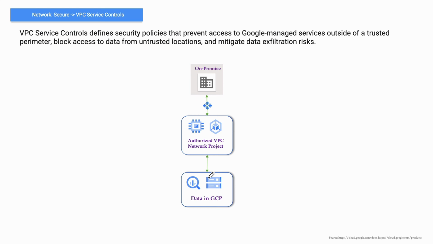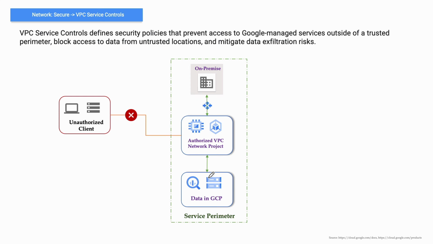Now, what you do basically is that you create a service perimeter around it. With this service perimeter, the unauthorized clients can't access your authorized VPC network, even if they might have stolen credentials.